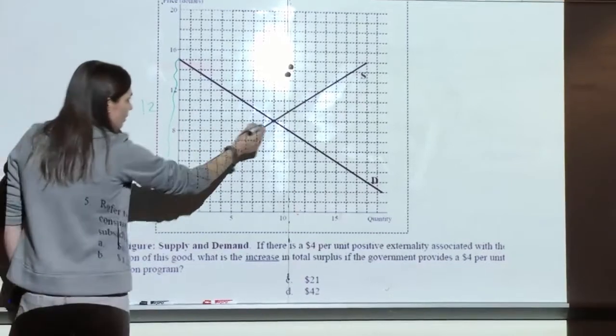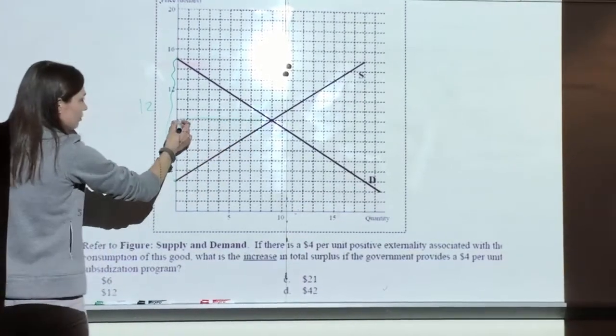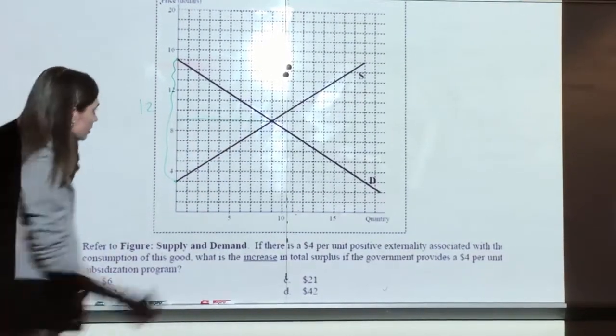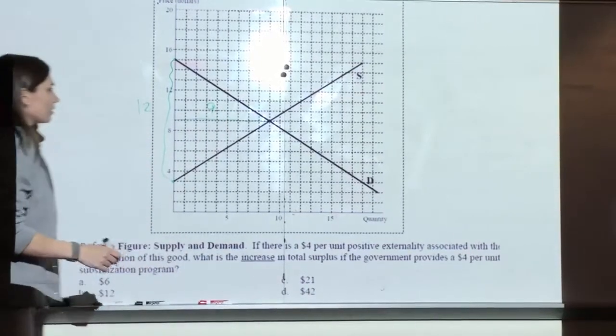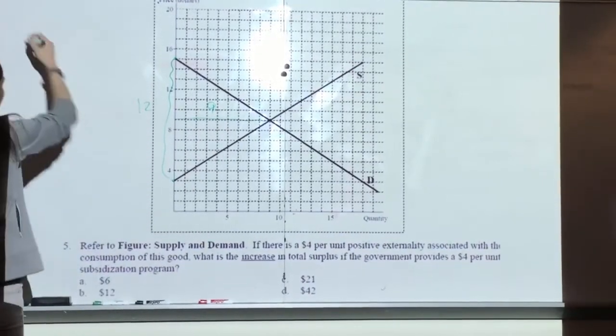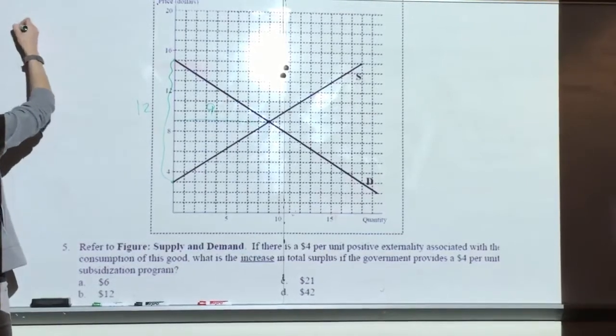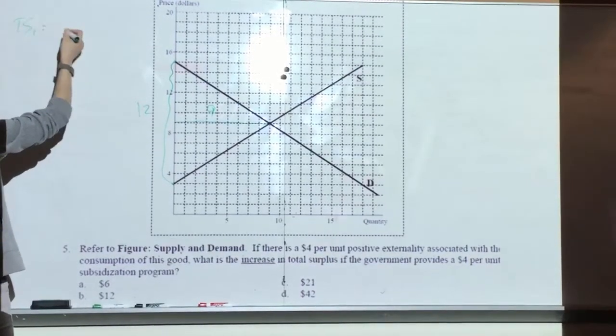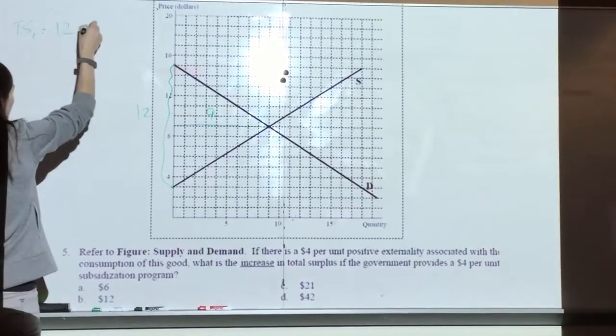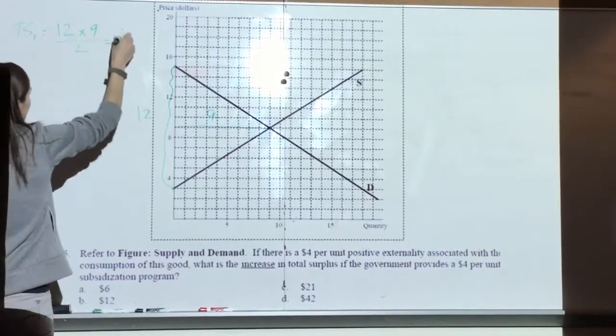And then the height would be the quantity in equilibrium, 9. So the area of this triangle, total surplus 1, is 12 times 9 over 2, or 54.